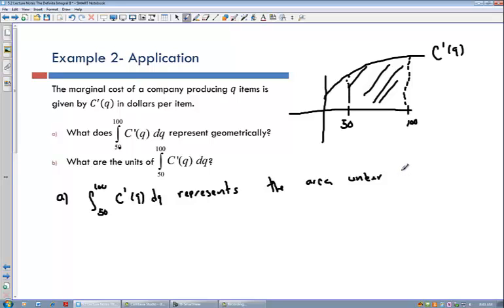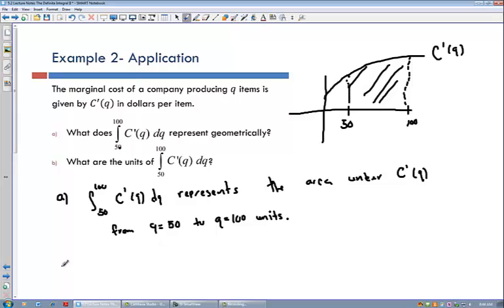So you can write either the marginal cost function, or you can write C prime of Q from Q equal to 50 to Q equal to 100, and this is units. So geometrically, it just represents the area underneath the curve between the two limits of integration.